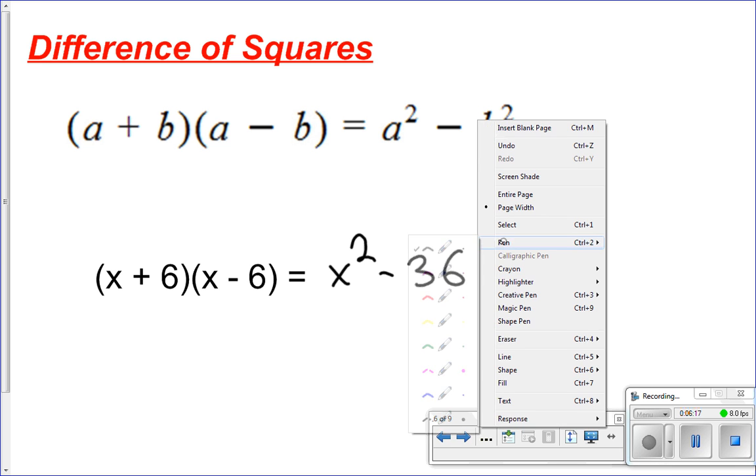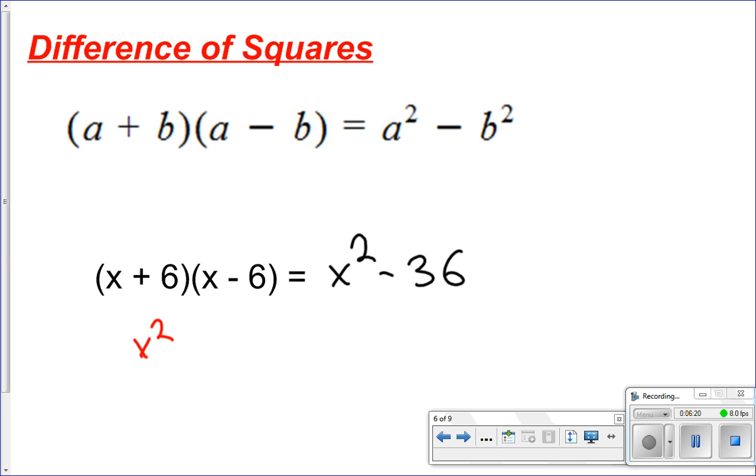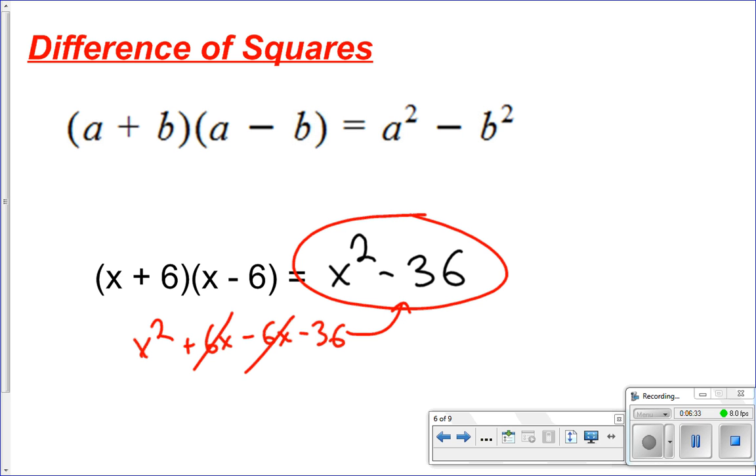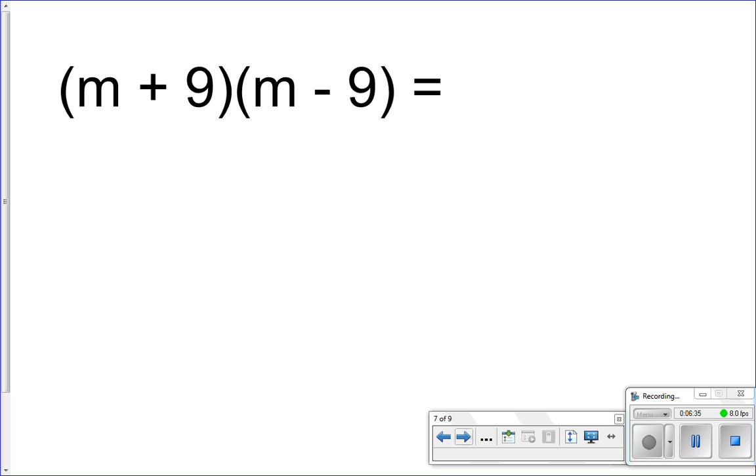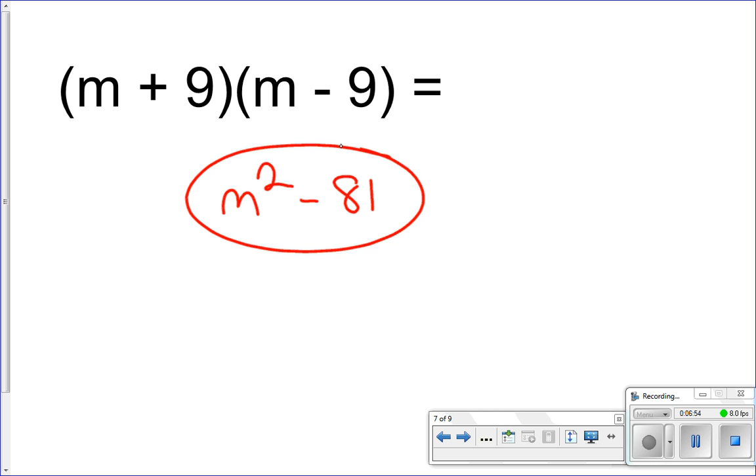If I worked it out, I would get x squared plus 6x minus 6x minus 36. Doing the FOIL method, those would cancel out, and I'd just be left with x squared minus 36. So try this one, the difference of squares, (m + 9) times (m - 9). The difference of squares would be m squared minus 81, because 9 squared is 81.